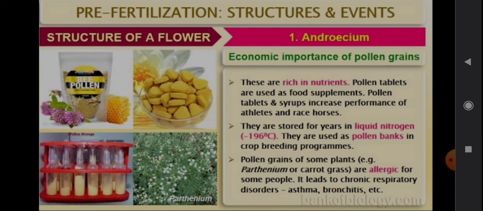And pollen grains of some plants like Parthenium and carrot grass are allergic for some people. It leads to chronic respiratory disorders, asthma, bronchitis, etc. Now we don't find these Parthenium plants much. When we were young, there were more Parthenium plants and it was highly allergic.